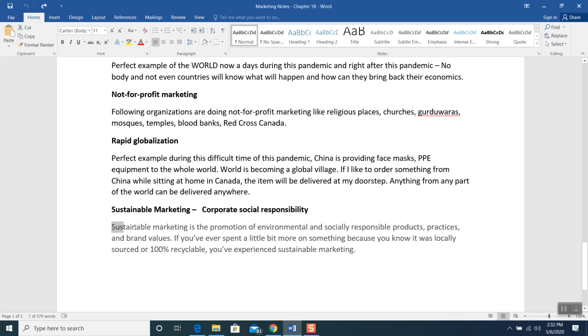If you ever spend a little bit more on something because you know it is locally sourced or 100% recyclable, you have experienced sustainable marketing. So as soon as you hear the word sustainable, the environment should come to your mind, to save the environment, 100% recyclable. These are perfect examples of sustainable marketing.